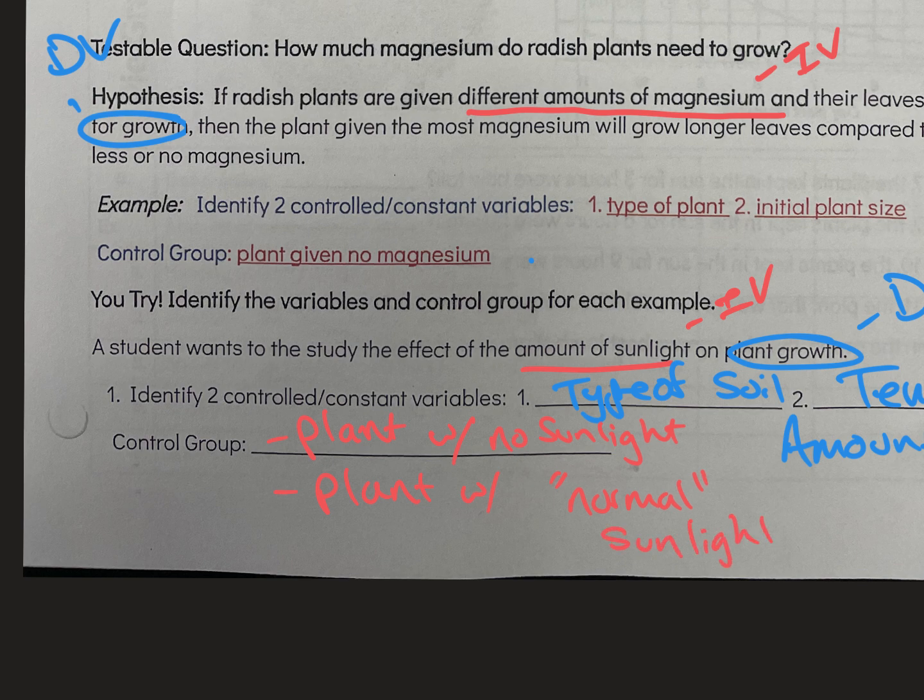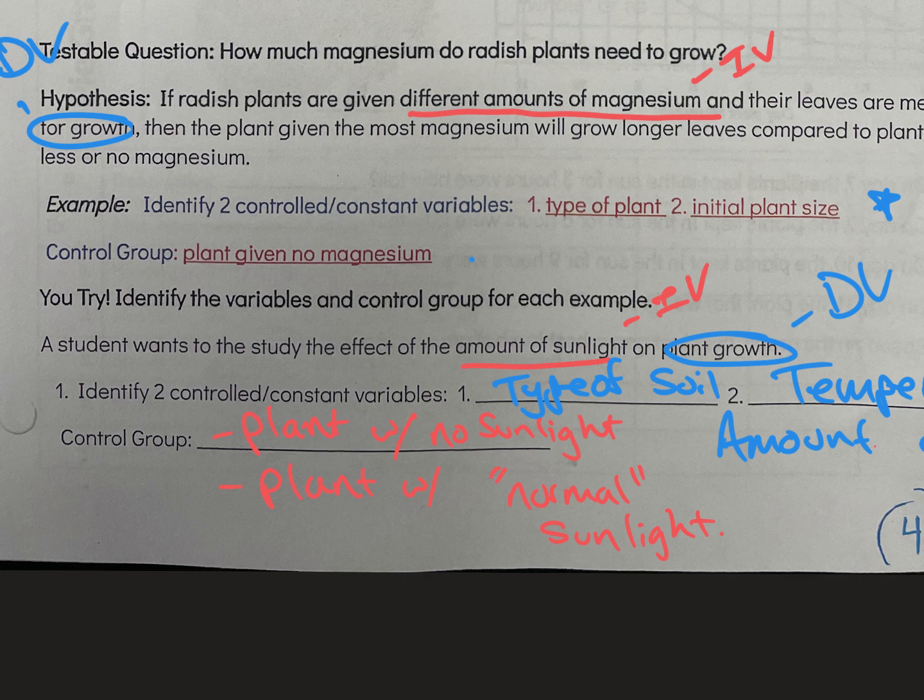I put normal in quotations because I don't know what is normal for that particular plant. When it comes to the control group, the main thing is that we have some group to compare our data with. Okay, so some control group. All right, we'll continue.